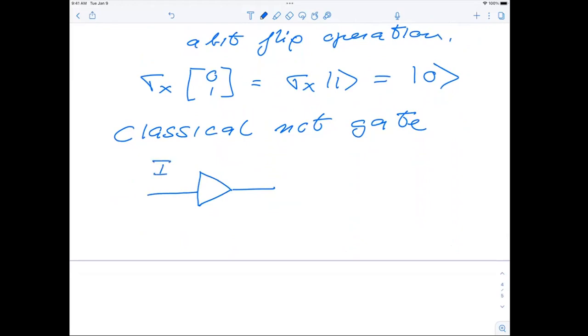This will be the input bit, and this is the output. The table looks like this: we have the input values and the output values. If I send in bit 0, then I get bit 1. If I send in bit 1, I get bit 0. So this is a negation.